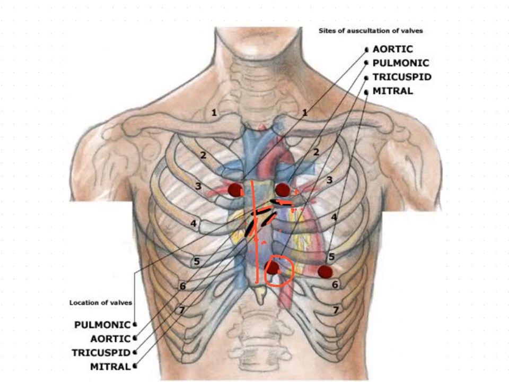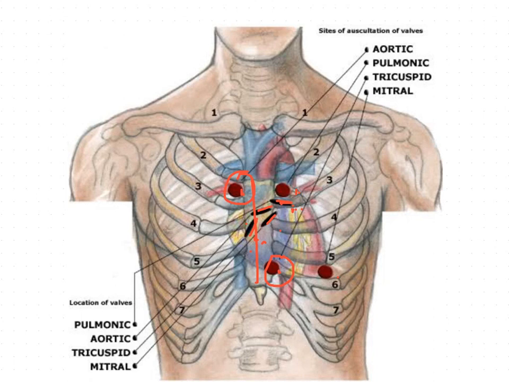And the auscultatory areas, those of the pulmonary, mitral and tricuspid valves, are seen on the left side, whereas for the aortic valve we can hear the sounds only on the right side of the sternum. So these are the auscultatory areas.